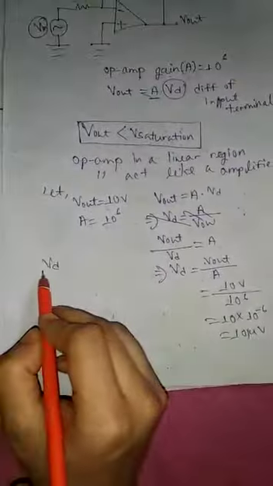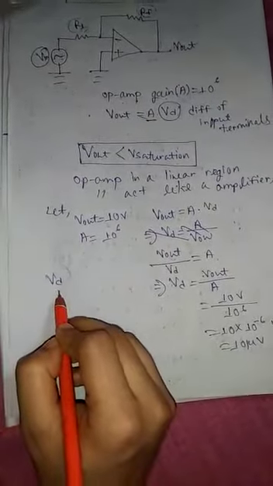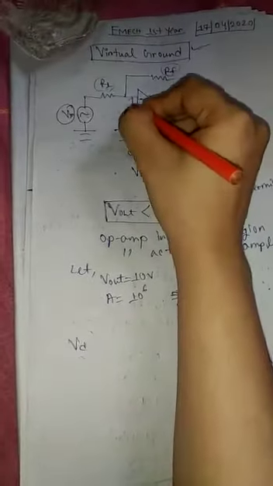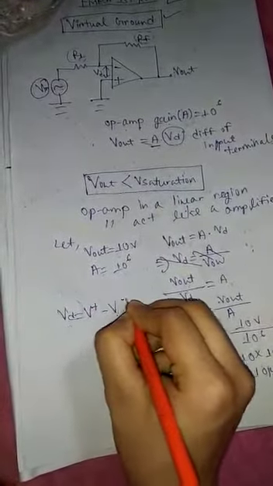Vd is the differential between the two input terminals. So we can say that Vd is equal to V plus minus V minus.